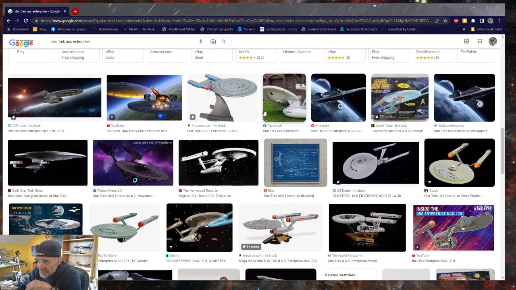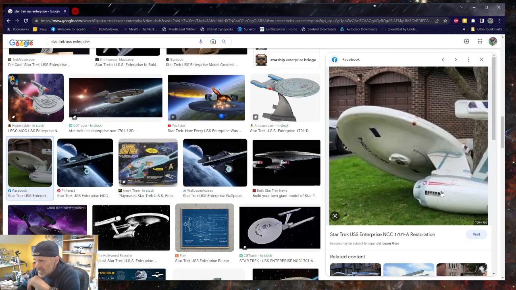Many modelers definitely put the robin's egg blue on the ships, which actually did exist in the paint scheme, but the rest of it was white. And I'm talking about the Enterprise.